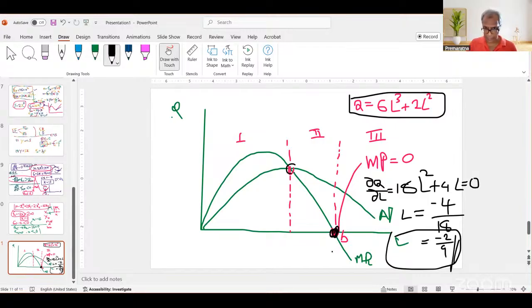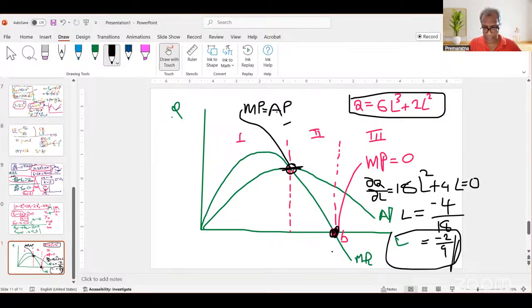At the second boundary here, you can see marginal product equals average product. This is the point where the average product comes to its maximum point.